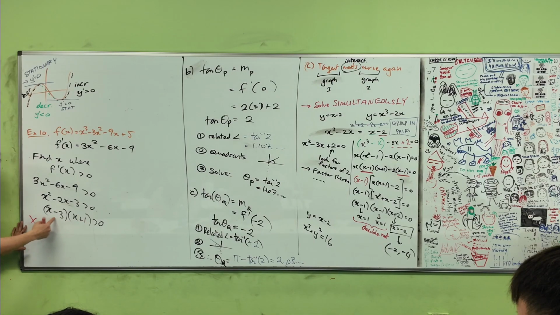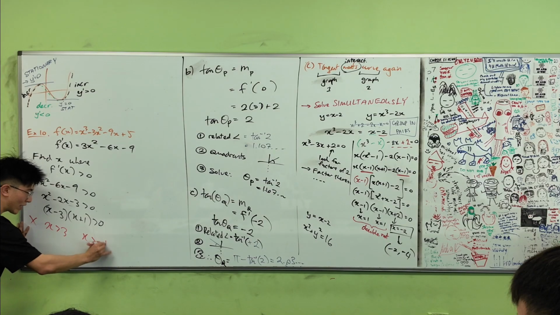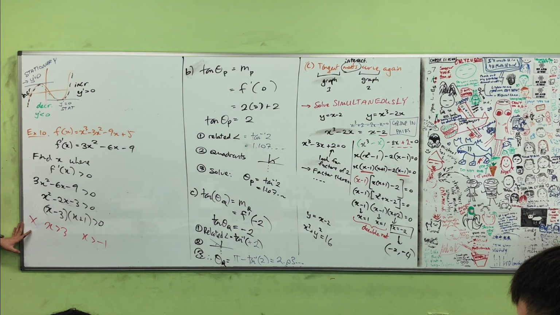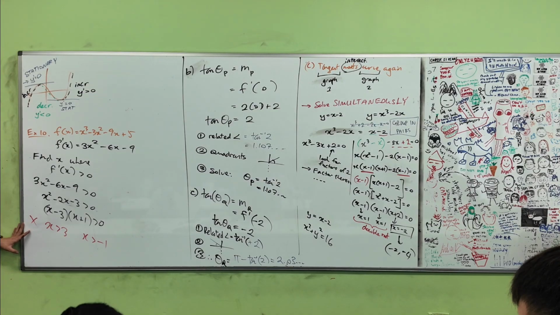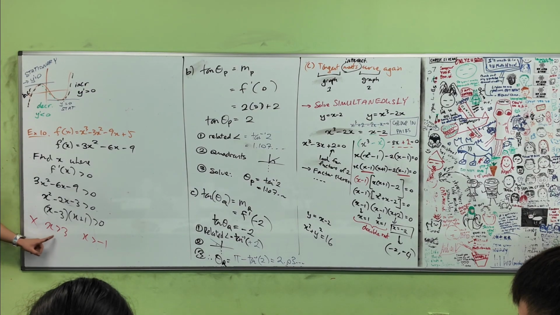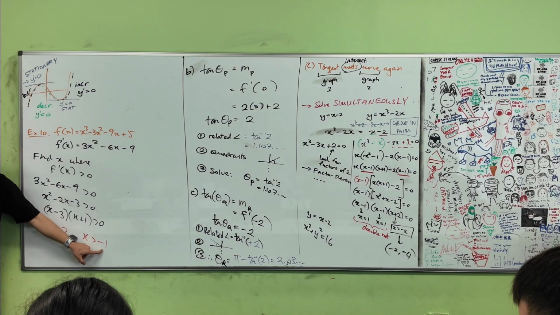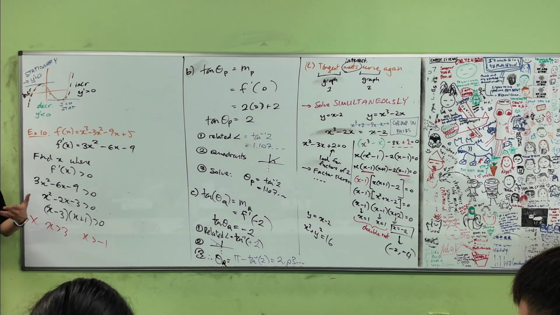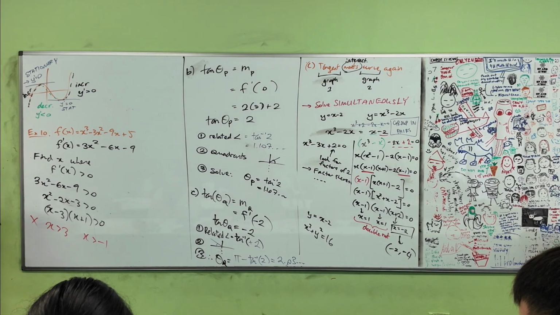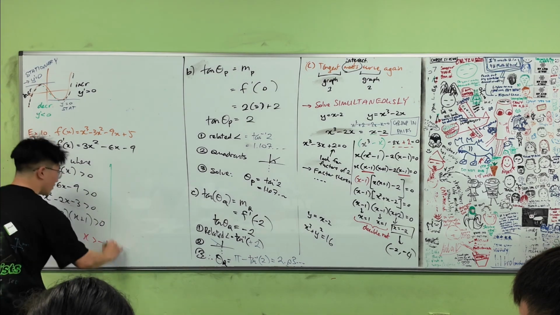It is incorrect to go, oh, well, it's usually like this, each bracket equals 0, so x equals 3, and because that says greater, x greater than 3, and then x greater than -1. It is incorrect to do it like this, because something bigger than -1 and something bigger than 3 overlap together. So there's a bit of ambiguity there.